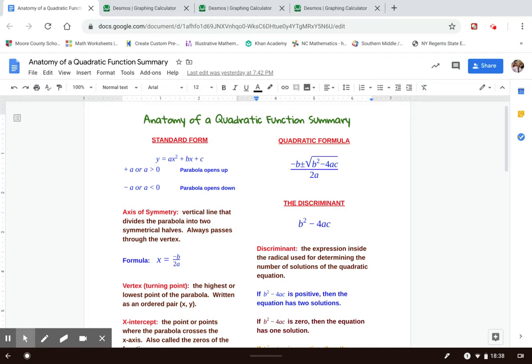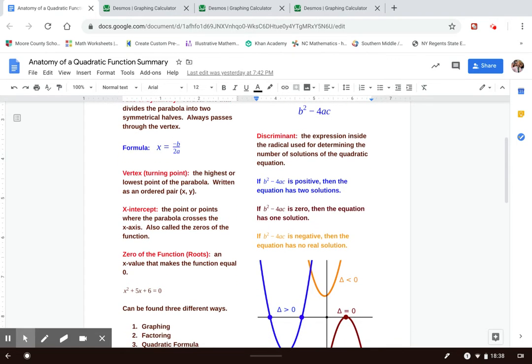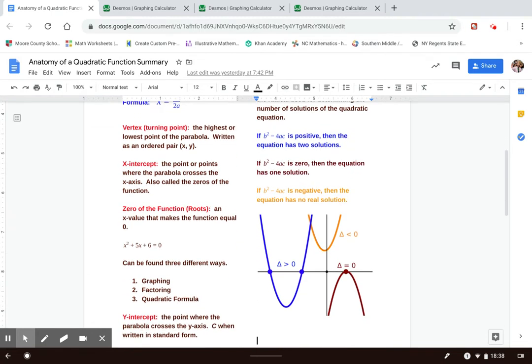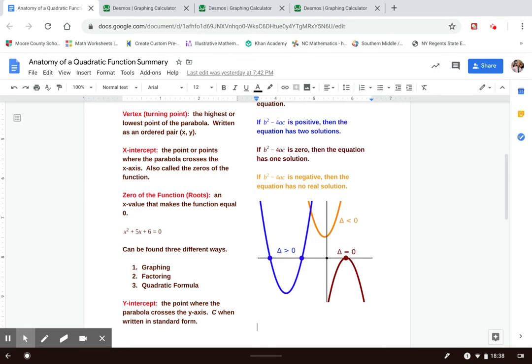And the reason we have the discriminant is it helps us to determine how many solutions there are to a quadratic function. So if you look down below here with me, what I have written in blue is if b squared minus 4ac is positive, then the equation has two solutions.